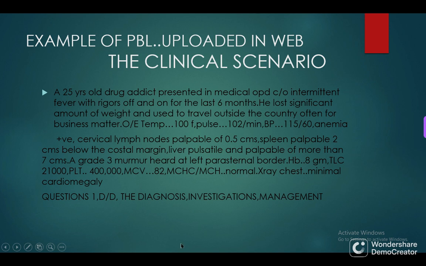Chest X-ray is normal, with minimal cardiomegaly observed. The question is the differential diagnosis, which 1, 2 or 3 people can make using the soft data: the diagnosis, investigations, management. A confirmed diagnosis is made when the differential diagnosis is settled by judicious investigations.